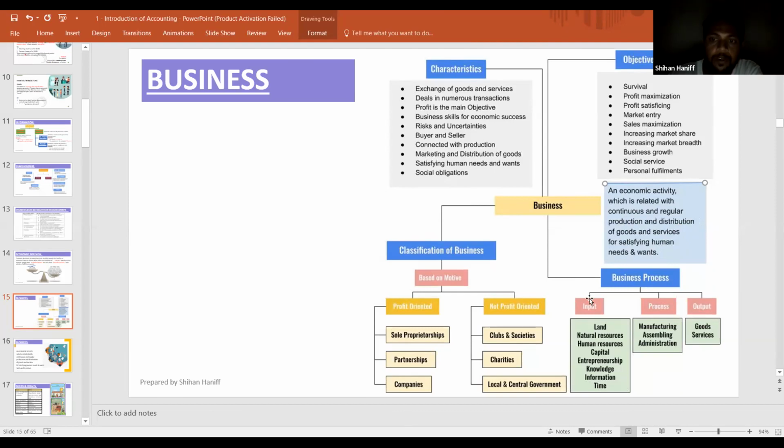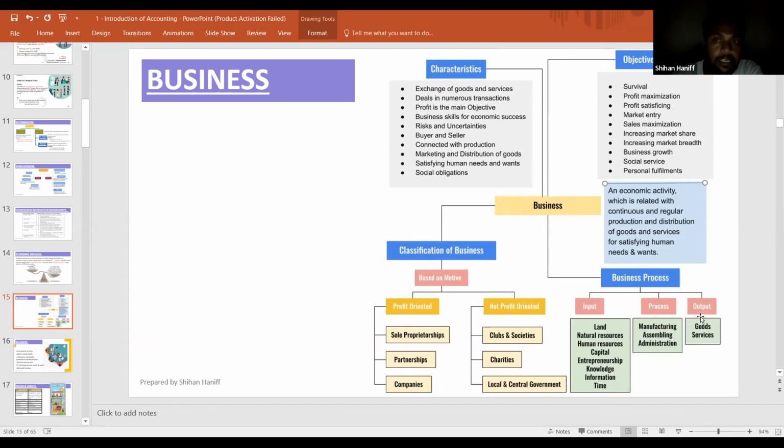Okay, so if you take the business process, there is input versus output. Inputs are land, natural resources, human resources, capital, entrepreneurship, knowledge, information, time. The process could be manufacturing, assembling, administration, and the output is goods and services.